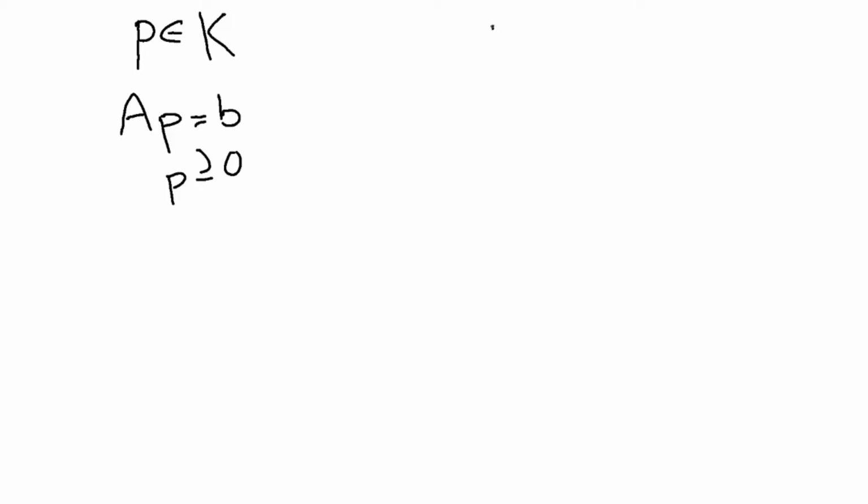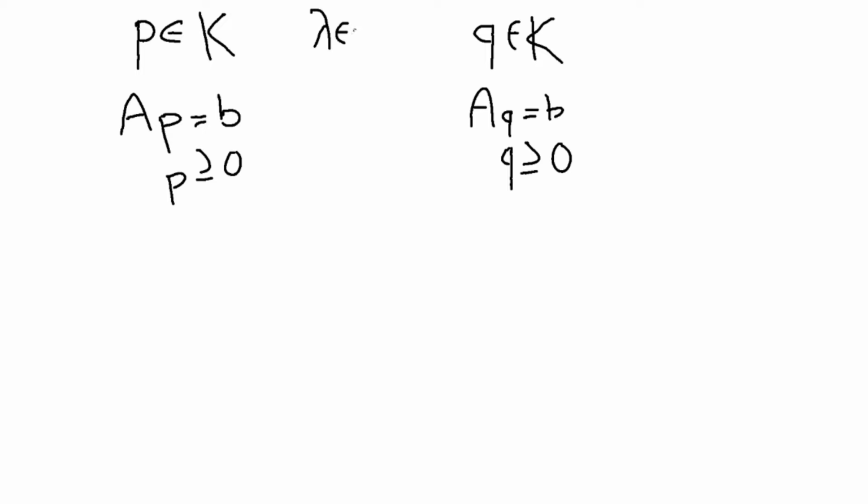Over here, say Q is in K, and that means that AQ equals b, and Q is non-negative. And remember that we're going to work with lambda in the closed interval 0, 1. So lambda is between 0 and 1, including the endpoints.